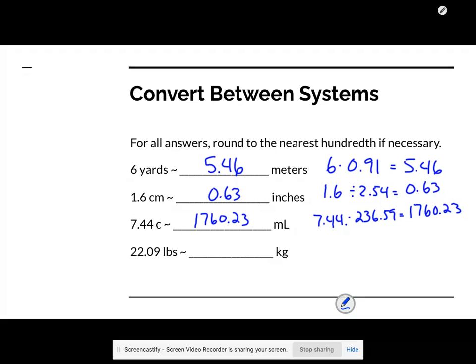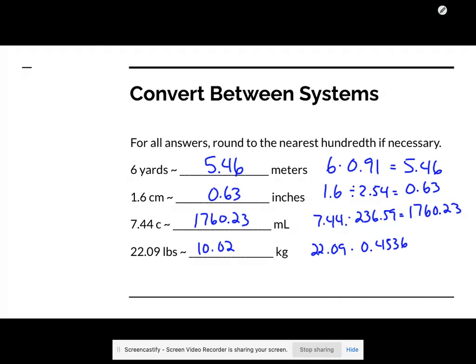And the last one, 22 and 9 hundredths pounds. We're going to multiply that by 0.4536. And I end up with 10 and 2 hundredths.